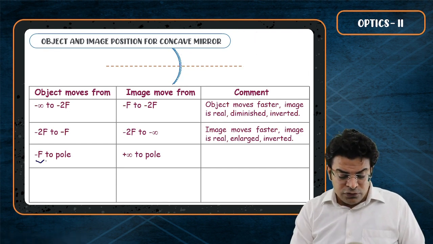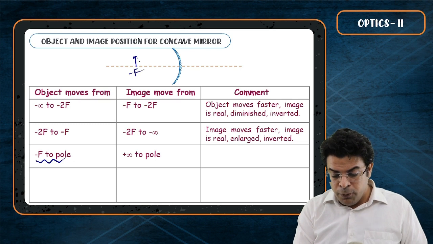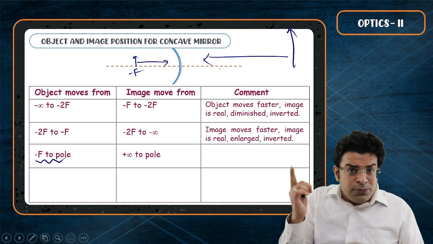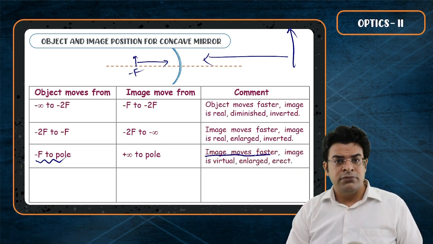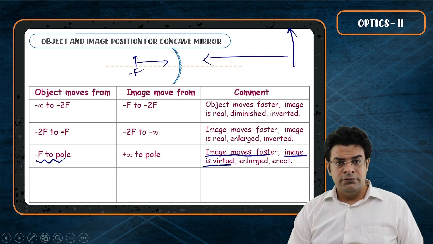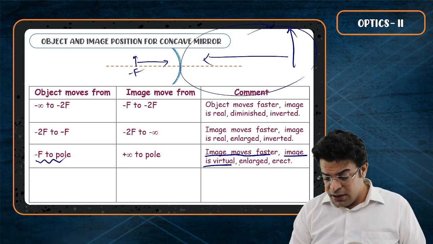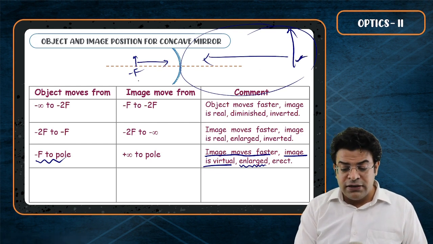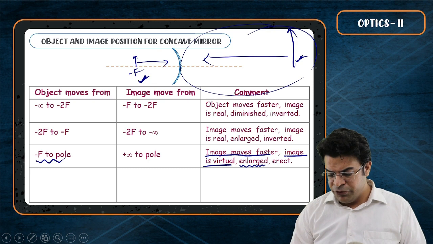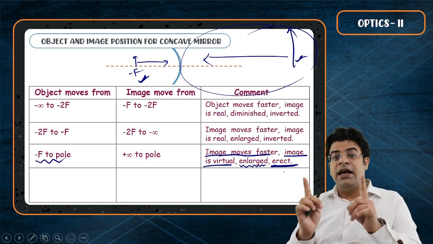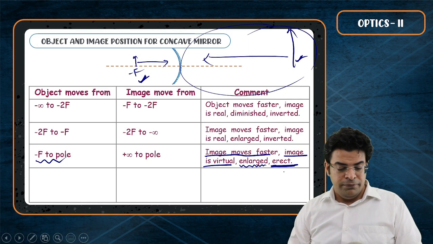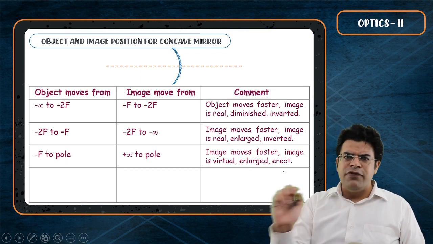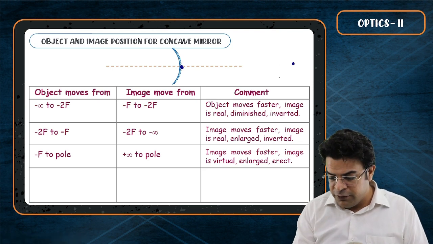So as the object moves from minus f to pole, the image moves from plus infinity to pole. Definitely image moves more, so image moves faster. The image is virtual, it's in the virtual world, and the image is enlarged. Why? Because the distance of image is more than the distance of the object. It has to be enlarged, and the image will be erect as object and image are on different sides of the mirror.